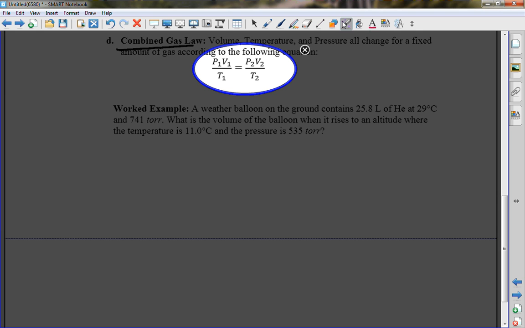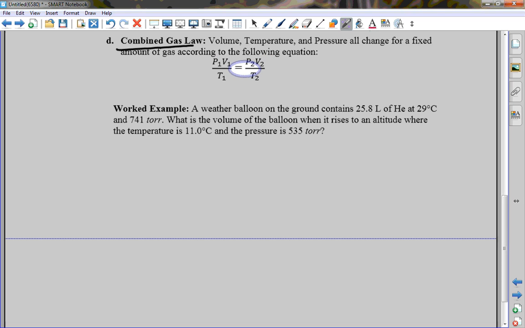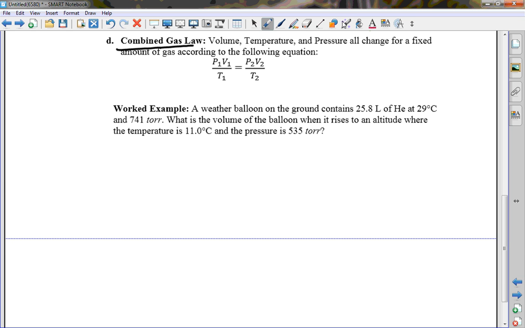It's simply saying that the first pressure of a gas times the first volume of a gas divided by the first temperature of that gas is equal to the second pressure times the second volume of the gas divided by the second temperature. Sometimes students like to rewrite this equation to remember it.